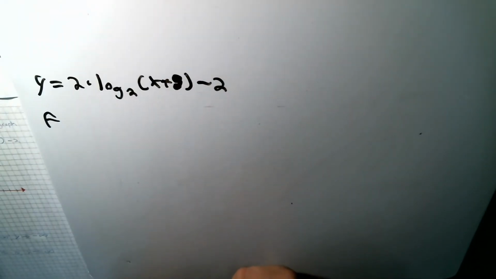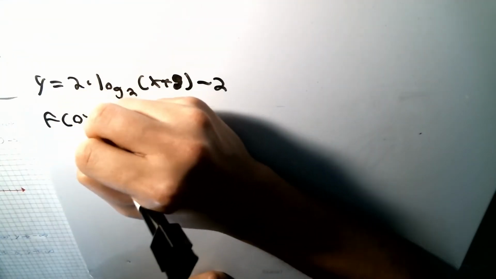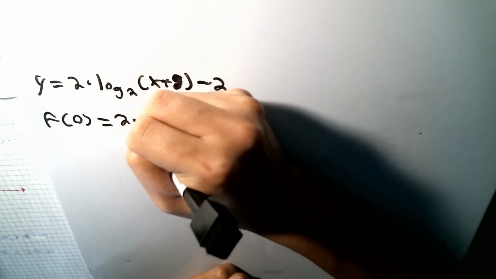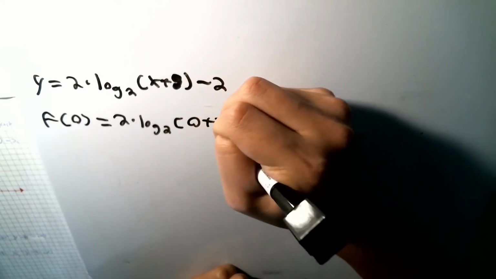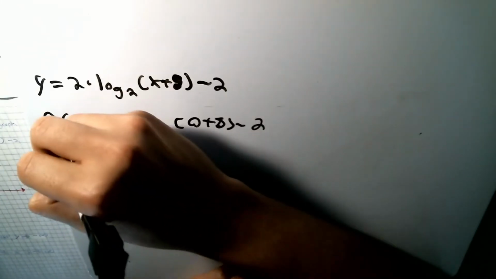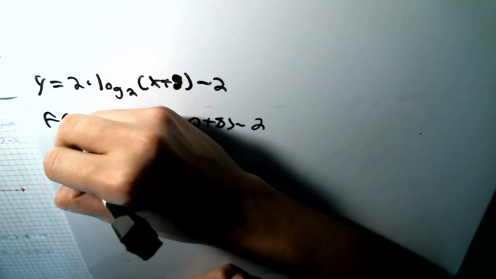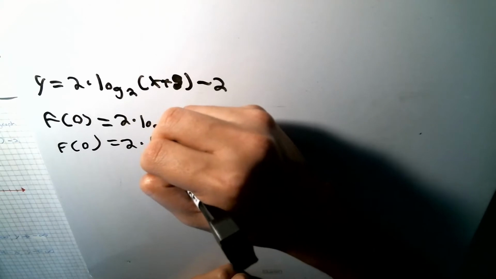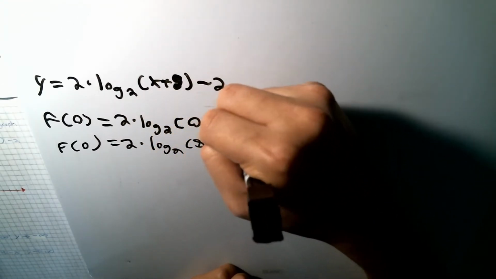Let's solve it with x equals 0. So f of 0 equals 2 multiplied by logarithm 2 of 0 plus 8, minus 2, and it turns into f of 0 equals 2 multiplied by logarithm 2 of 8, minus 2.